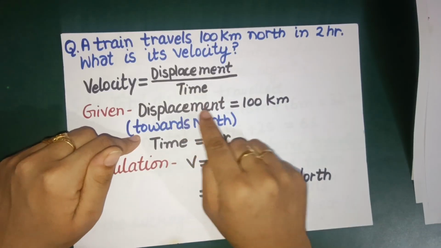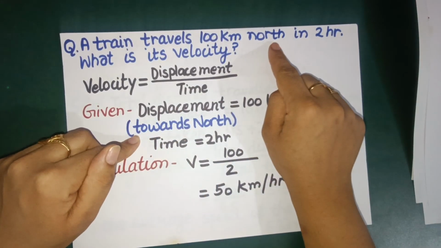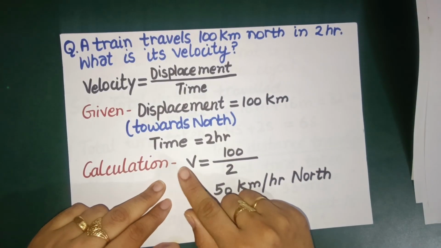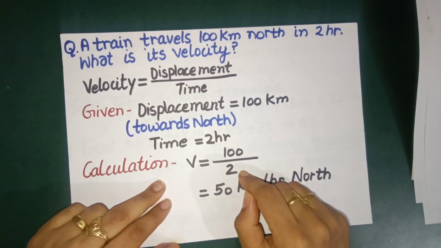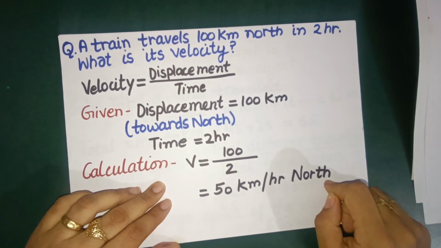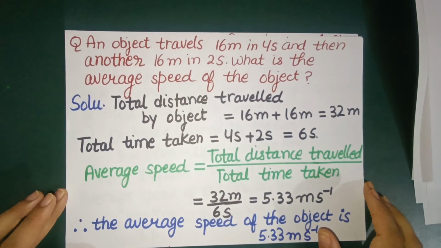We are given that the displacement is 100 kilometers in the north direction, and the time is 2 hours. So let's calculate. V is displacement over time. Displacement is 100 and the time is 2 hours. So we have 50 kilometers per hour north. We have to mention the direction here. Let's do another question.